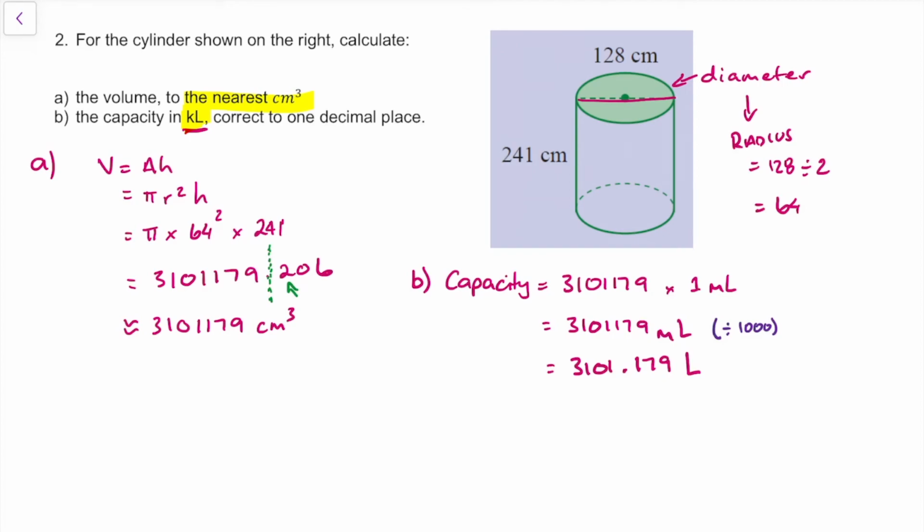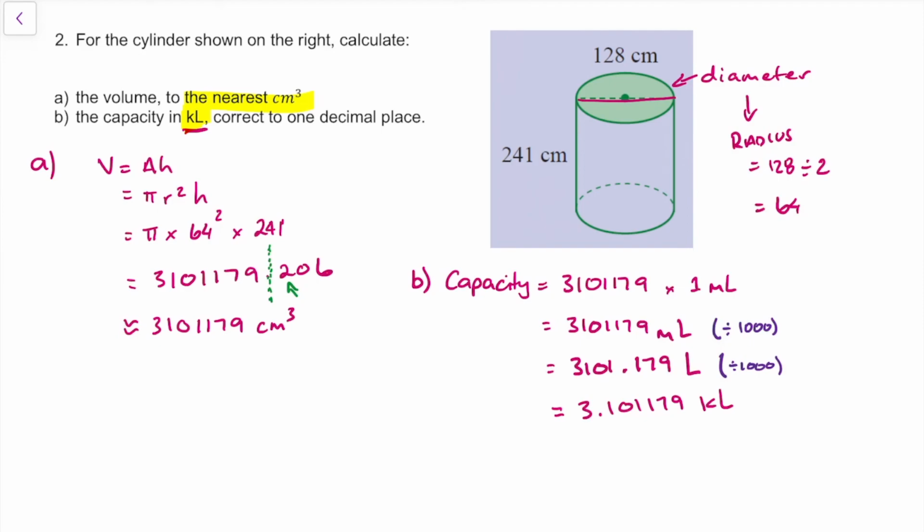We need to divide by 1,000 one more time because kiloliters are the thousands. So milli being thousandths, make sure it's thousandths, and then kilo being 1,000. So now we divide that by 1,000 again, just moving that decimal point, 3.101179 kiloliters.